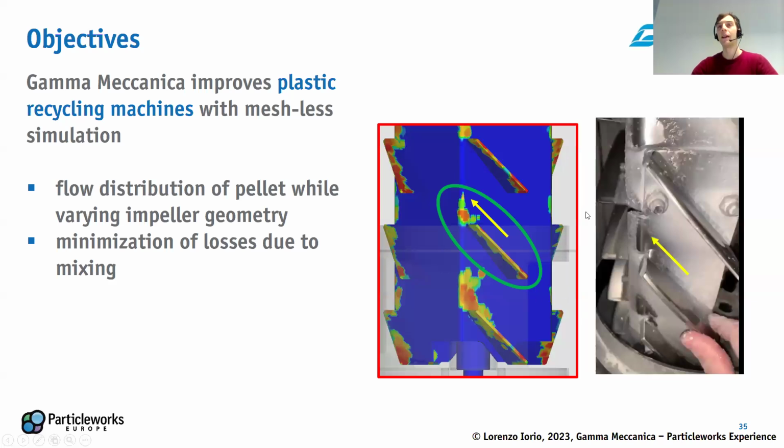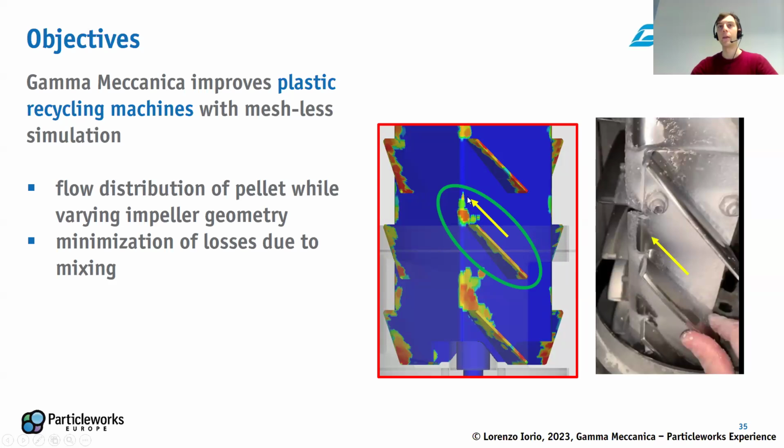You have to imagine that on the right here, granular material, plastics, enters with water. And the objective of this system is to separate the water phase at the bottom from the plastic granulate towards the top. Here you see the flow visually captured by the post-processing done in Particleworks.